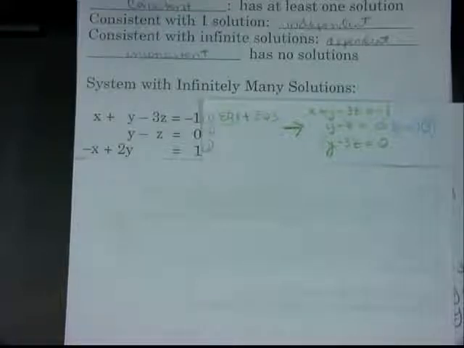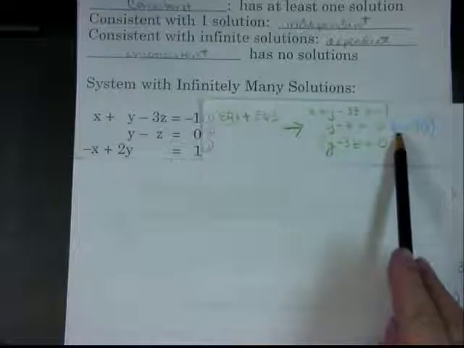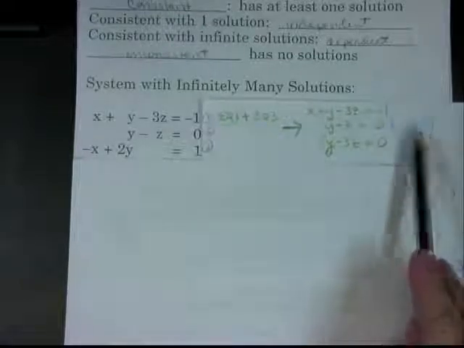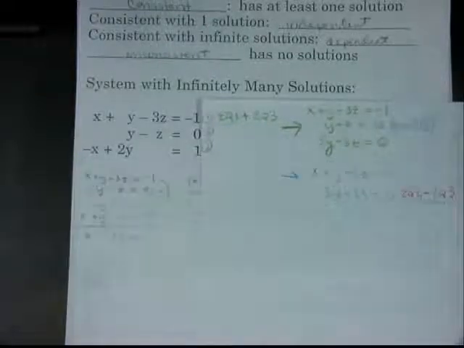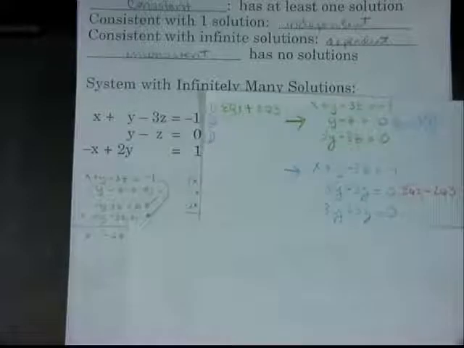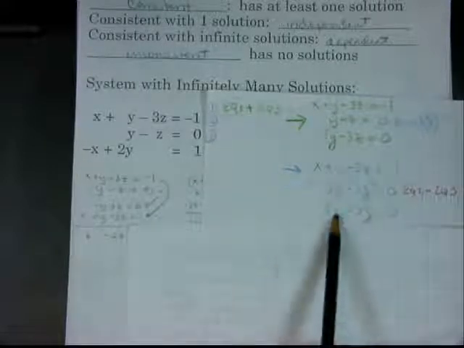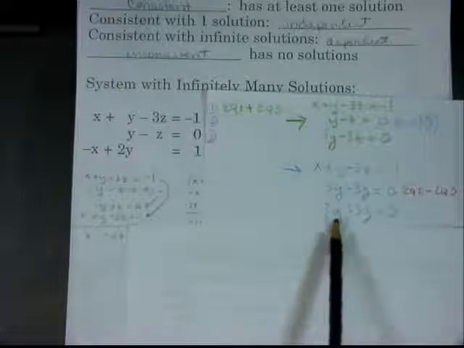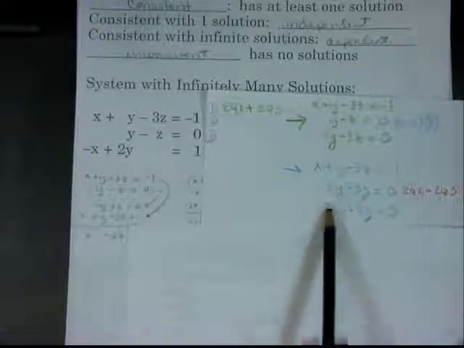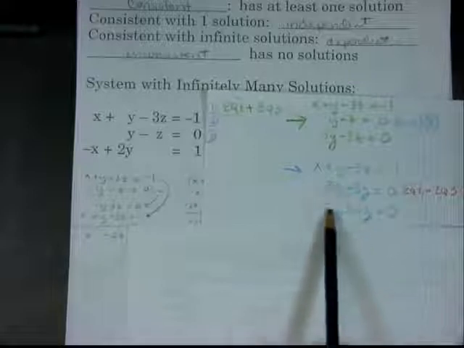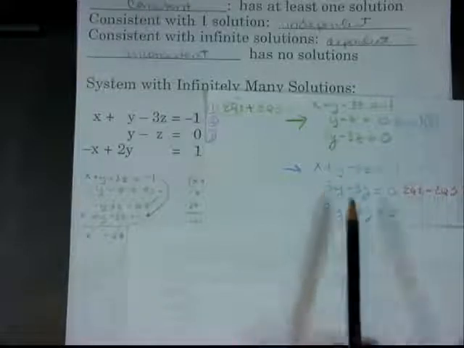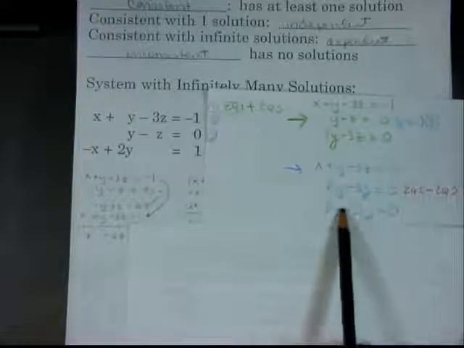The next rule is that I want to multiply equation 2 by the scalar of 3. When I do that, first and third stay. I now am able to see how I can eliminate my y's by subtracting the 2 and the 3.